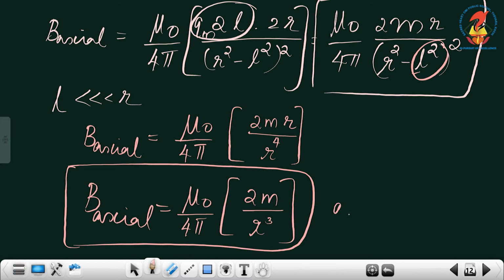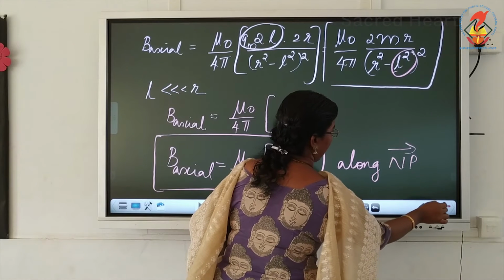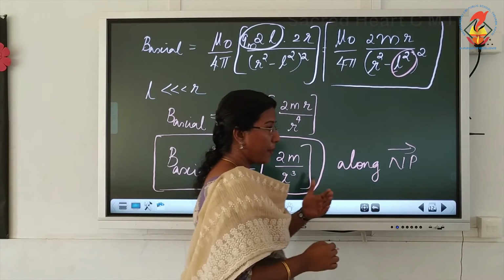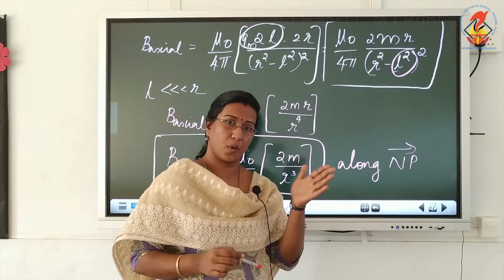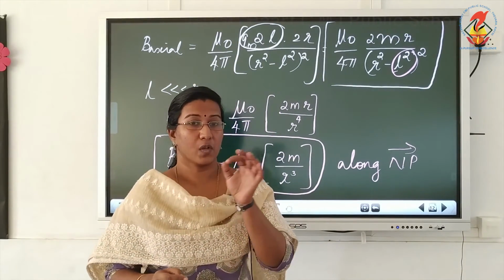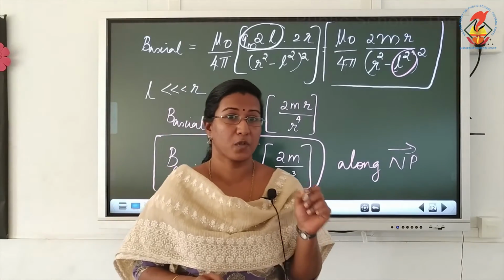And the direction of the resulting field will be along NP. We know that along NP means from north pole to the point P. We also know that the direction of magnetic moment is from where?